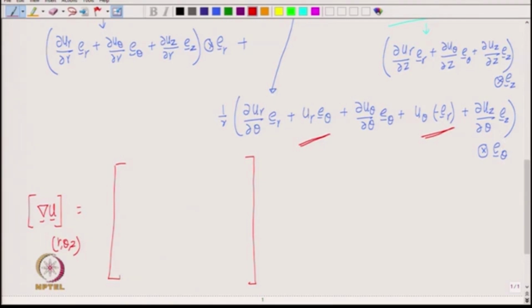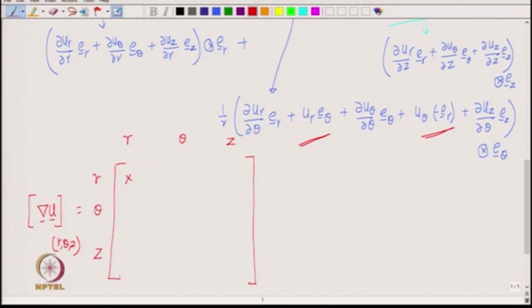Okay. So, to work this out, you can simply think of writing r theta z along the row and also along the column r theta z, and then this entry, for example, is the combination of r and r. So, it is E r tensor product E r.